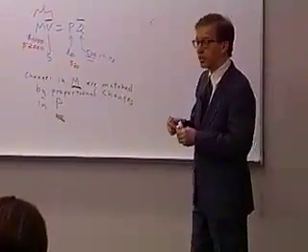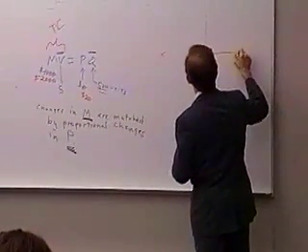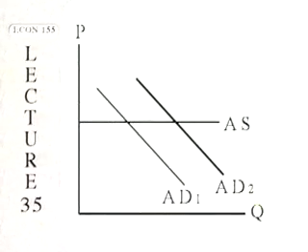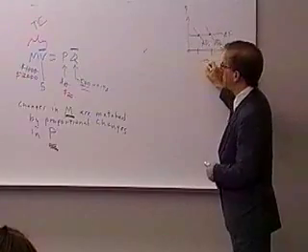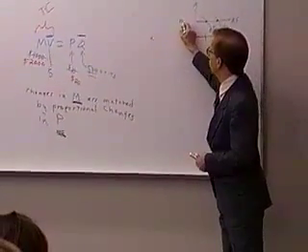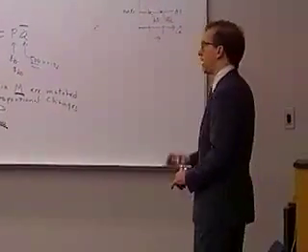By the way, that's kind of interesting if you think back, and I don't want to take us too far down the detour, but here's what Keynes said. Keynes had a horizontal aggregate supply curve, and he said, if there's an increase in aggregate demand from AD1 to AD2, an increase in total spending, then we get an increase in real GDP and no change in the price level. That was the Keynesian story.